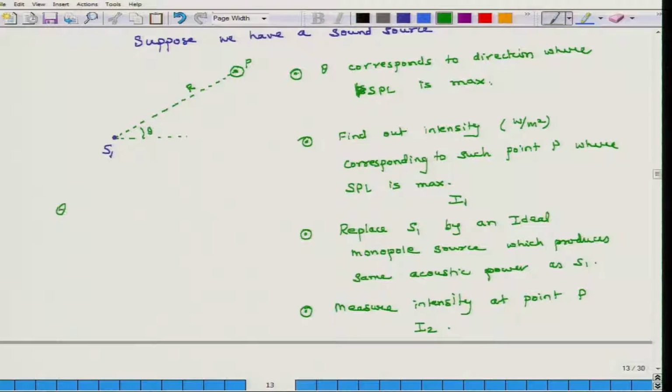Then the directivity factor, which is again specific to a frequency because you do this experiment for different frequencies, for this particular source at frequency f is equal to I1 over I2, and this will always be greater than or equal to 1. It can never go down, because point P is the direction in which maximum sound pressure level is sensed.